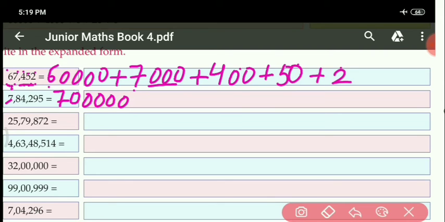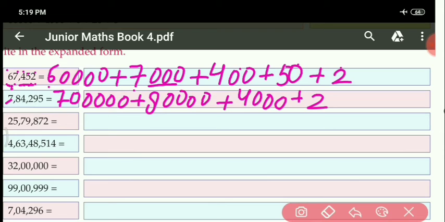As I have written here, plus 8 after 4 zeros, plus 4 after 3 zeros, plus 2, because 2 is given at hundreds place, 2 zeros only, plus 90 plus 5 only.